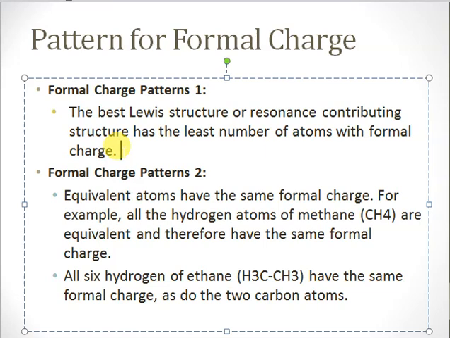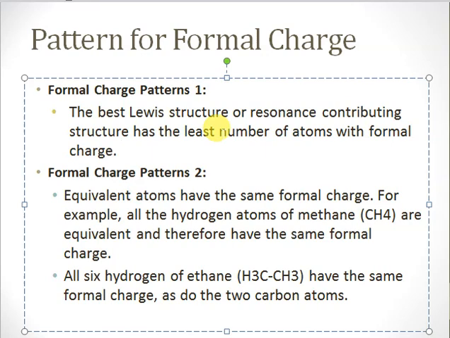The same applies here. For example, if I draw a structure and say that it is the most stable of all the resonance structures, then you'll know that, since it is the most stable, the least number of atoms will have formal charge in it.